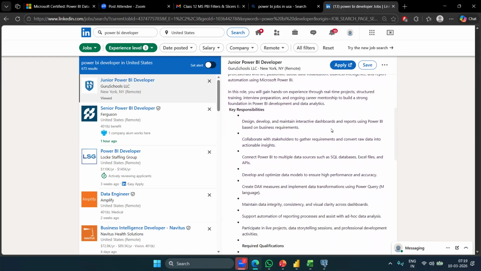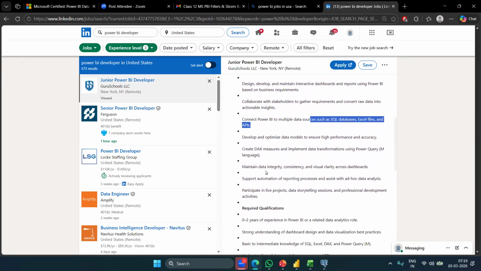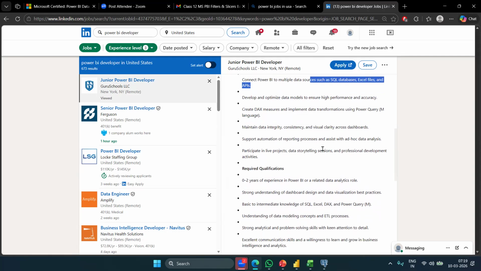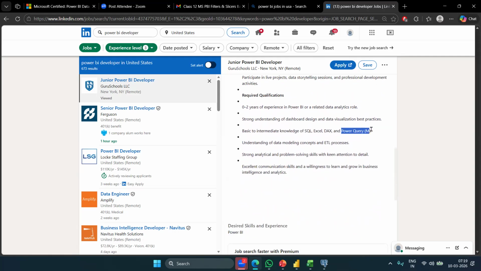Design, develop, and maintain interactive dashboards and reports. Collaborating with stakeholders. Connect Power BI to multiple data sources such as SQL database, Excel, APIs. Creating DAX measures, maintaining data integrity. See, Power Query or M Query, strong analytical. This is going to be a common wording: strong analytical and problem solving skills.